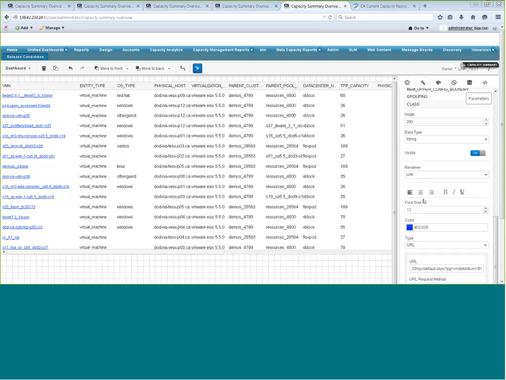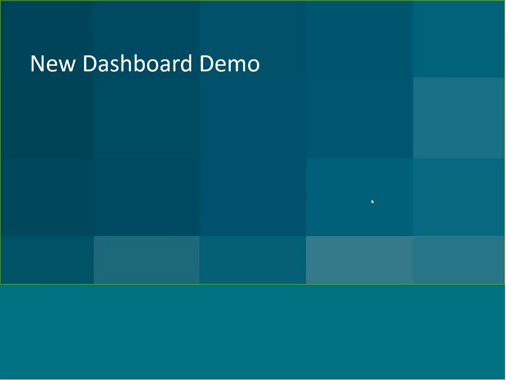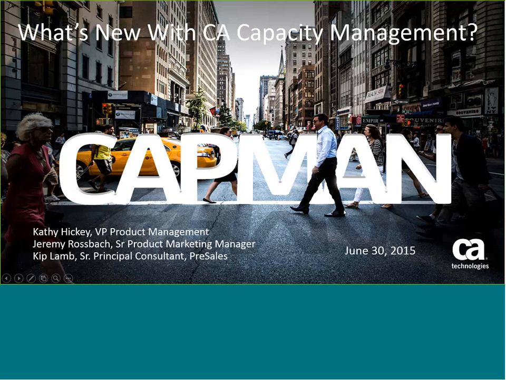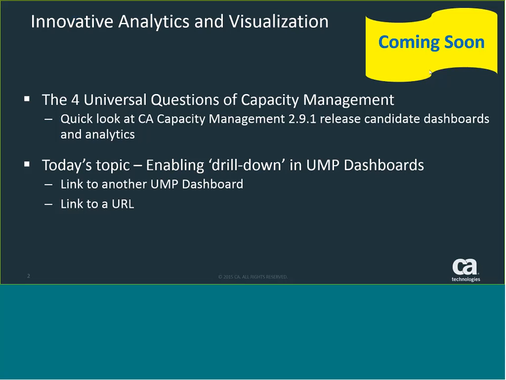And again, the main focus is on really harnessing the true value CA capacity management brings to the table with the rich analytics, and exposing the results of those analytics in new and innovative visualization techniques to really enable you, through the minimal number of clicks, to have the view of what is the problem, how bad is the problem, when do I need to fix the problem, and also how do I fix the problem?